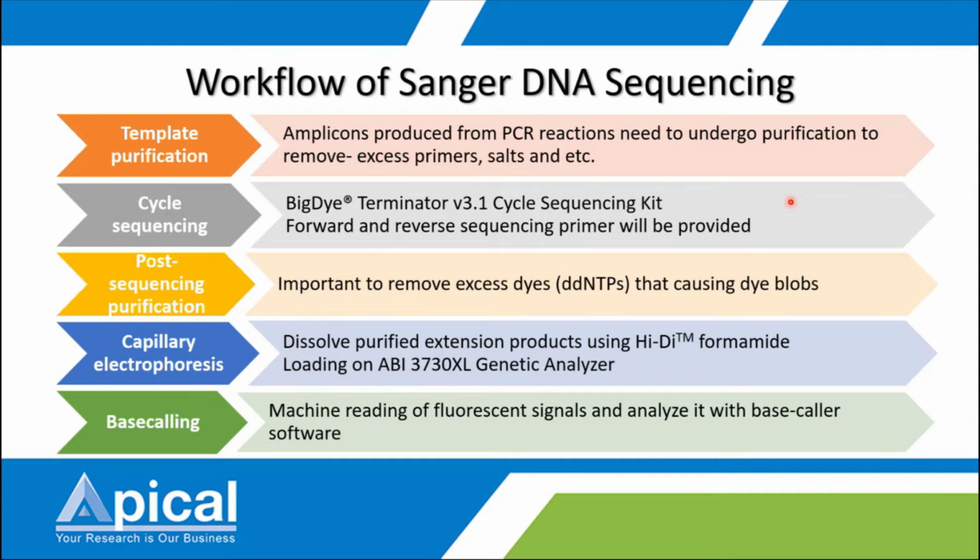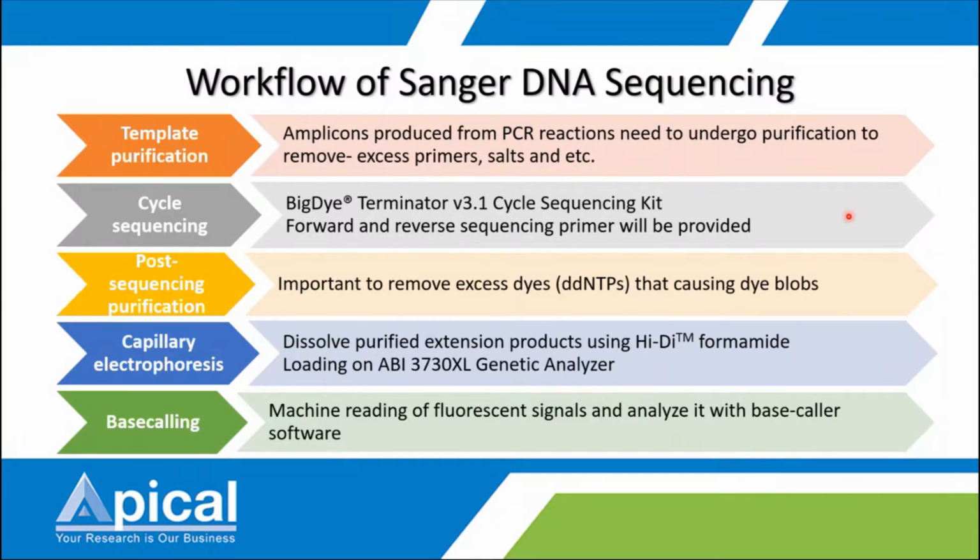Then we add in the strand termination chemistry, where we are using the BigDye Terminator, and put in the forward or reverse primer in different reactions, and then we run it in the thermocycler. After the cycle sequencing, we will perform a post-sequencing purification.